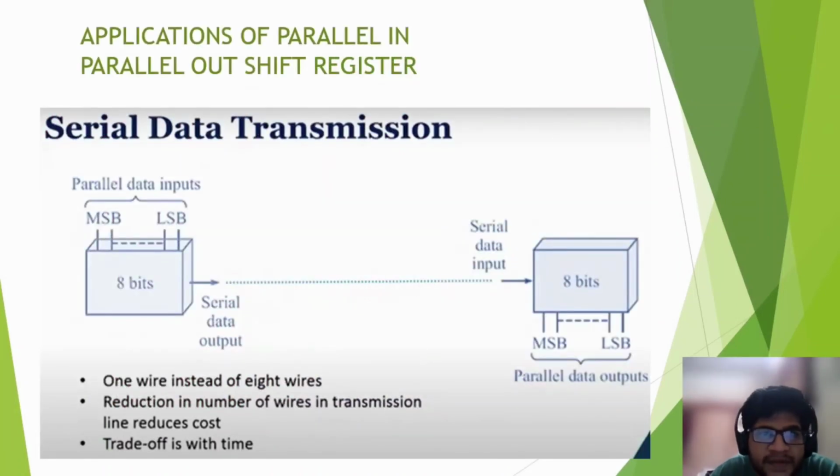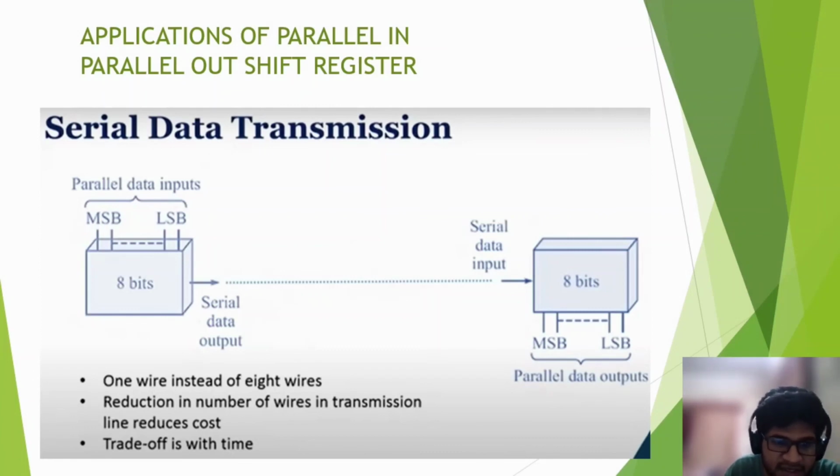So now, the application of the parallel in, parallel out shift register. One application of it is data transmission, transmitting data from a source to a destination. Consider the parallel data inputs as the source and parallel data outputs as the destination. At the first clock signal, we give 8 bits of data as input at the parallel data inputs at once.